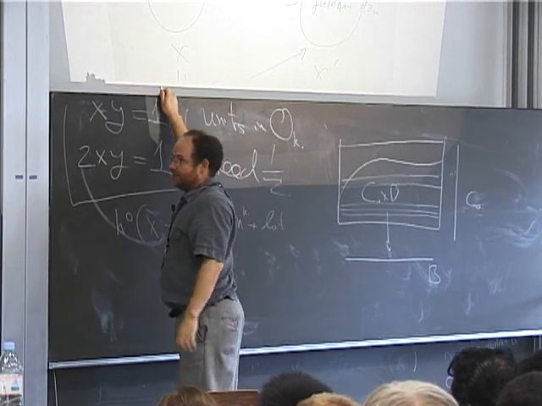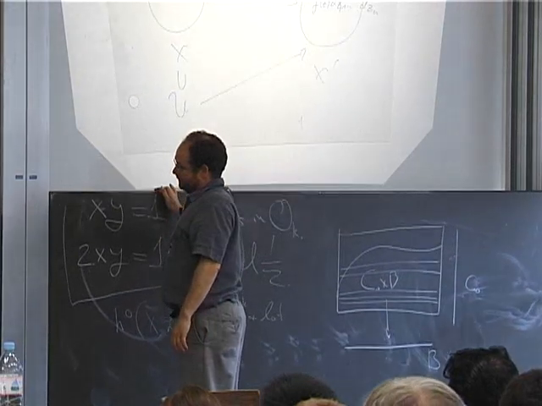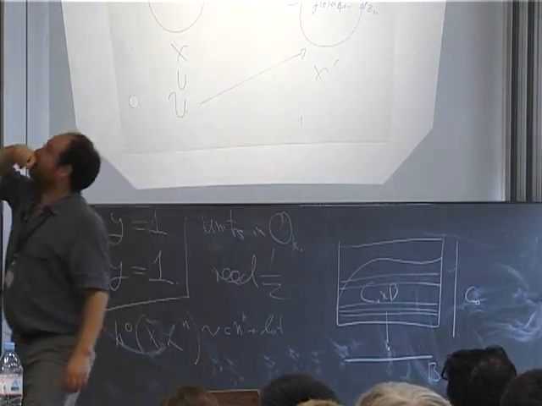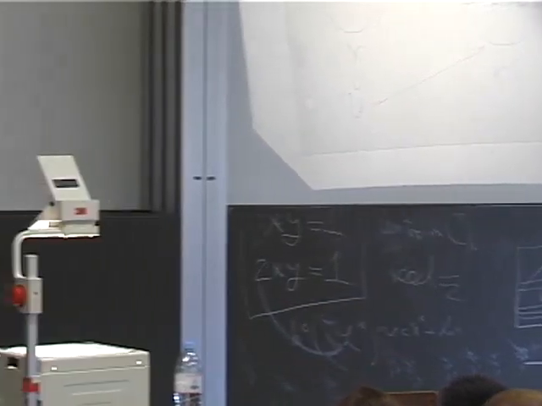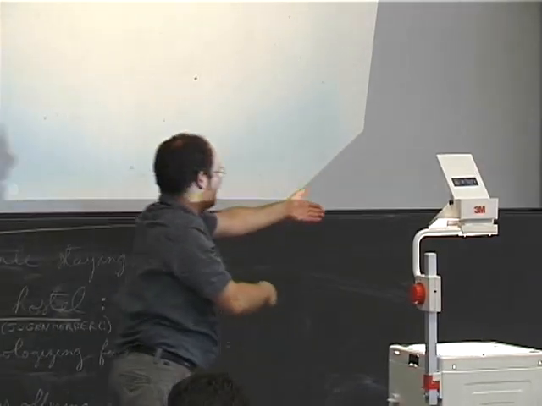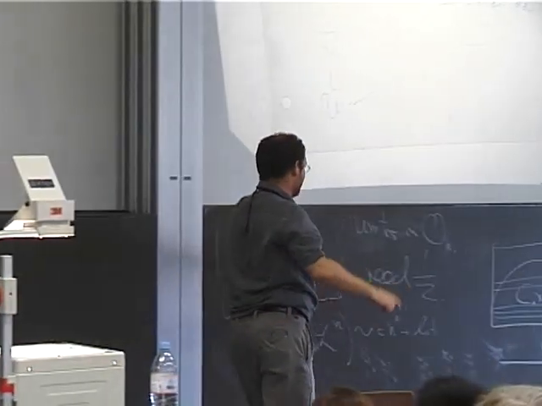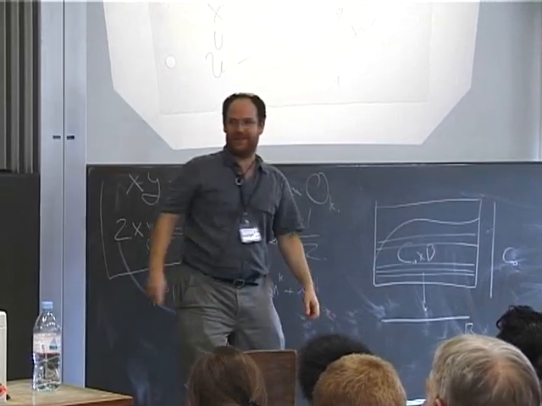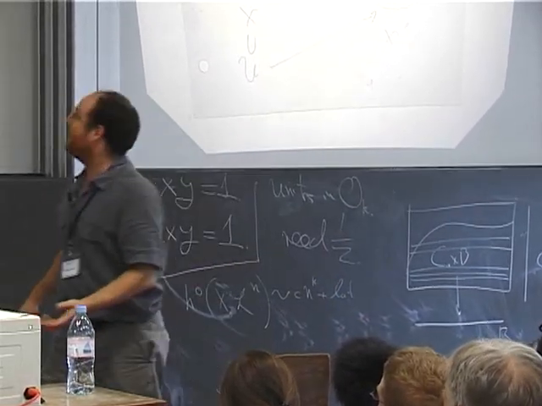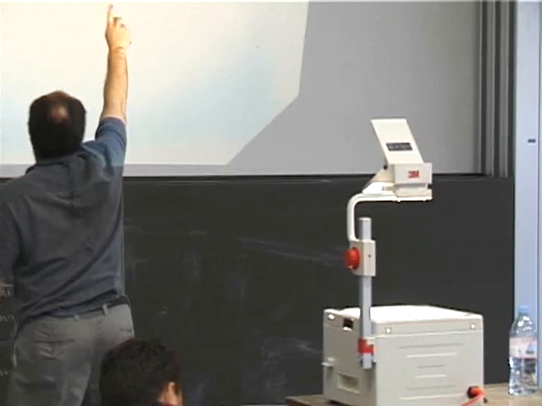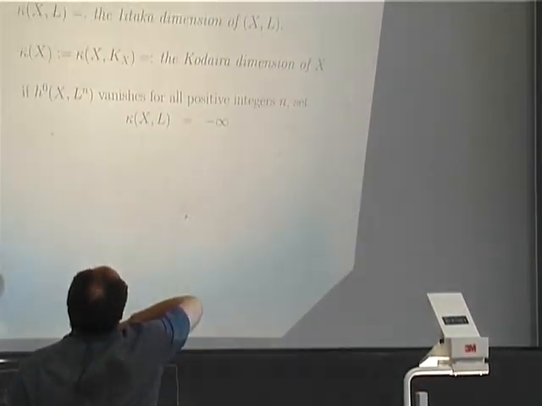Unfortunately, that's not entirely true, but it's almost true. Growing polynomially means that the leading term is well defined, even though it doesn't quite look like this. So you divide by n to some kappa, and you take the lim sup of the fraction.